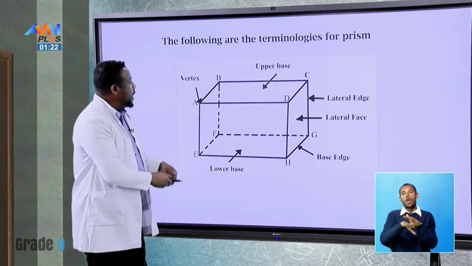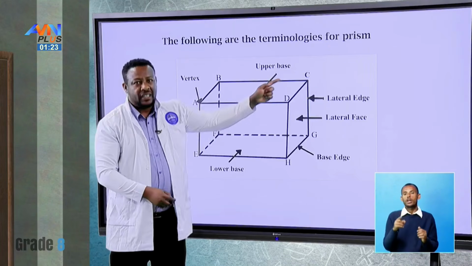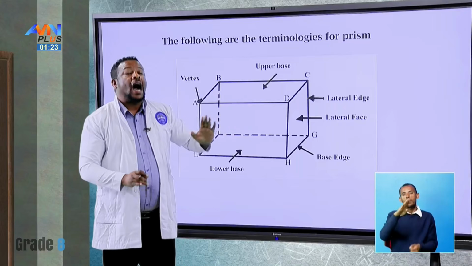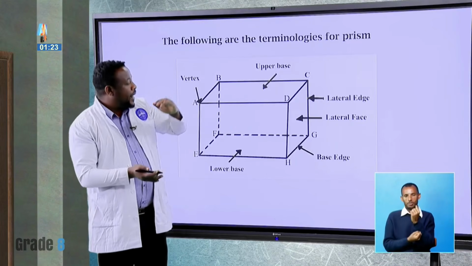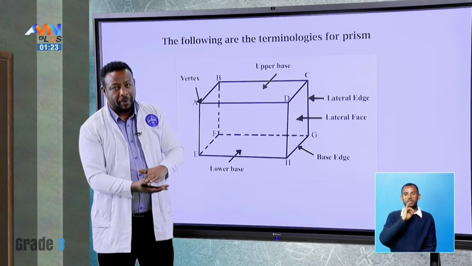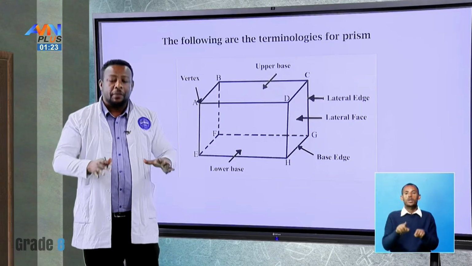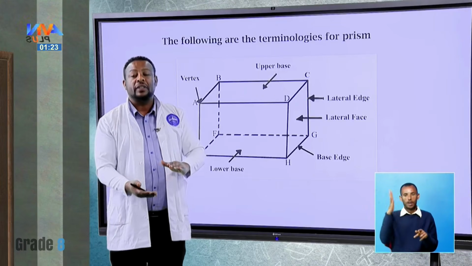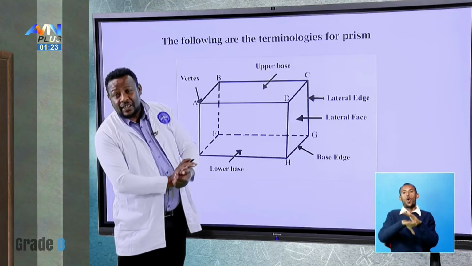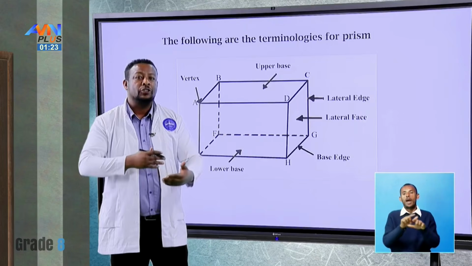The upper base is A, B, C, D, and E, F, G, H is the lower base. Any kind of prism contains 2 bases, an upper base and a lower base.